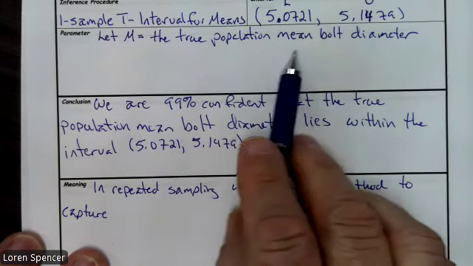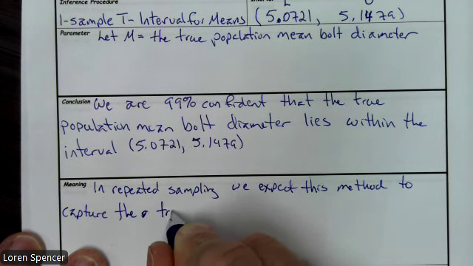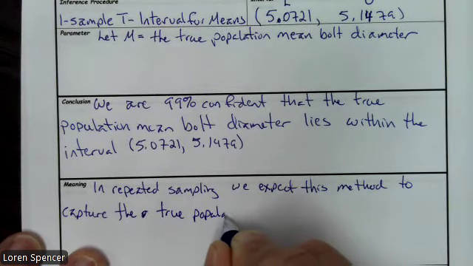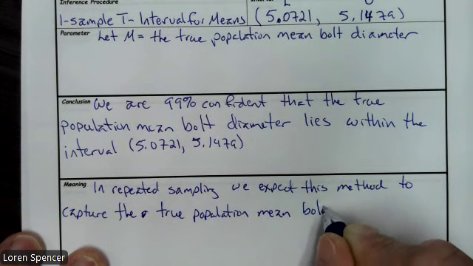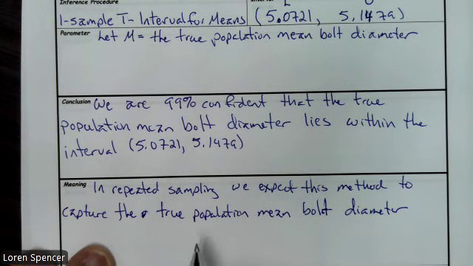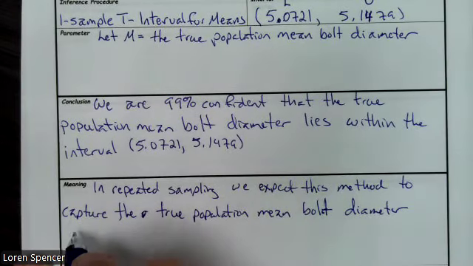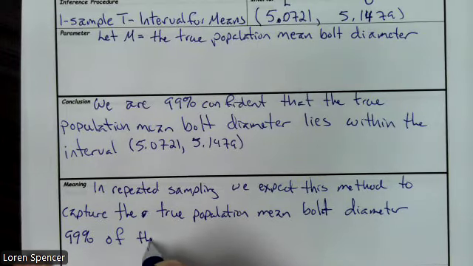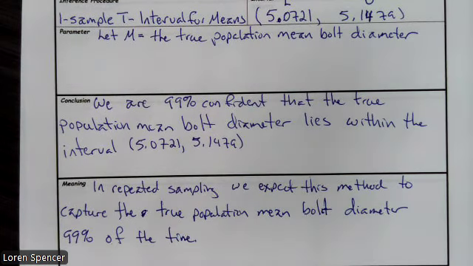Well, the true population mean bolt diameter. How often? 99% of the time. In other words, 99% of the time, we're going to capture the true population bolt diameter. That also means 1% of the time, it won't.